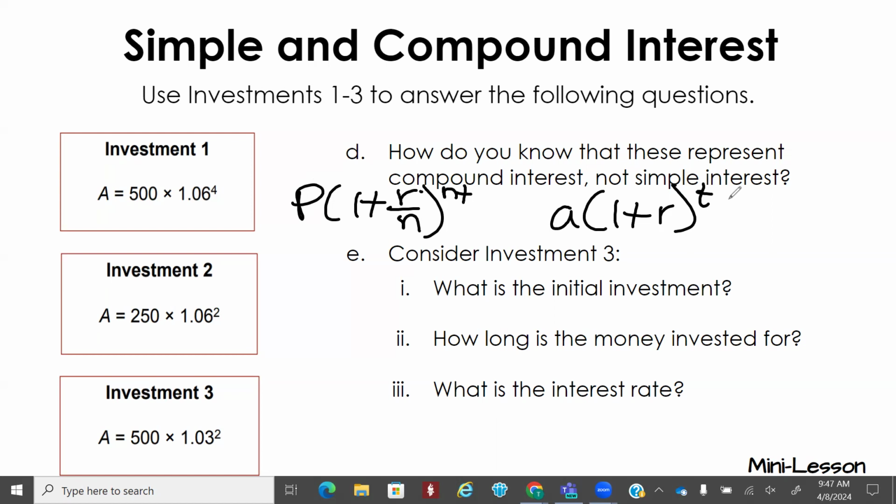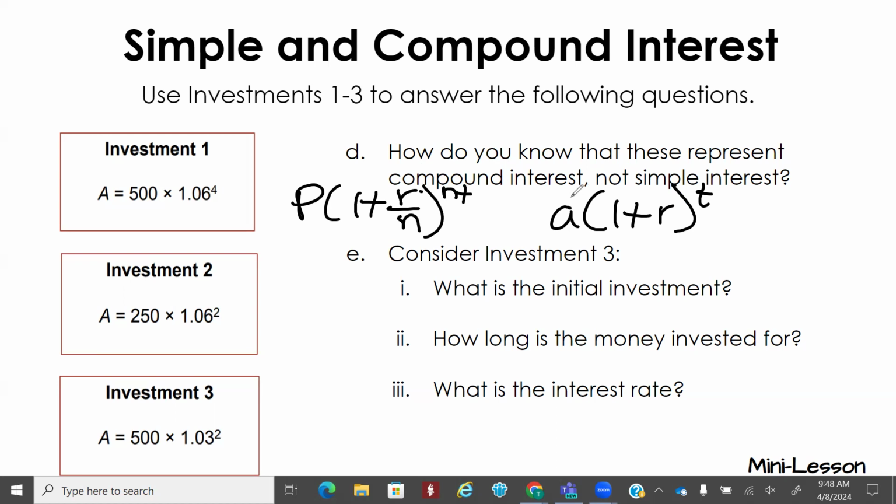The equations are different. What is this n? What does that n represent? The number of times that it was compounded in a year, right? So we would say monthly, biannually, semi-annually, etc., right?